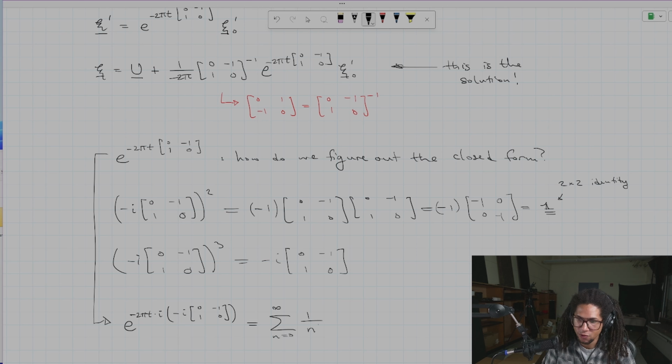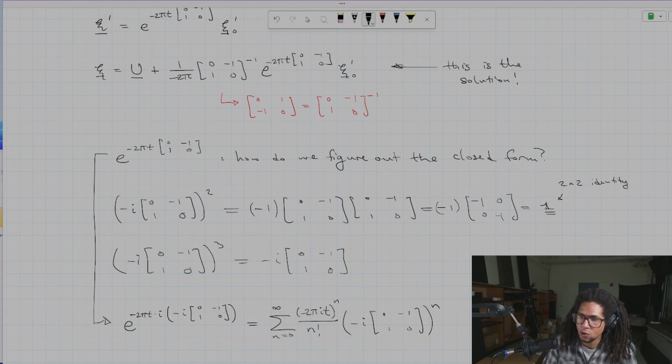So I have my 1 over n factorial. Now, all of these constants, so the minus 2 pi I t, I can pull out here, to the n. Then I'm going to have this matrix, minus I, 0, minus 1, 1, 0 to the n.